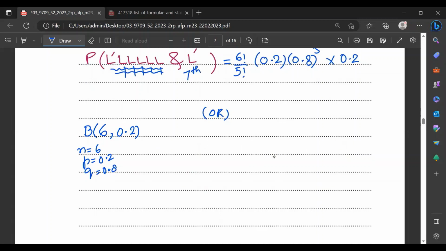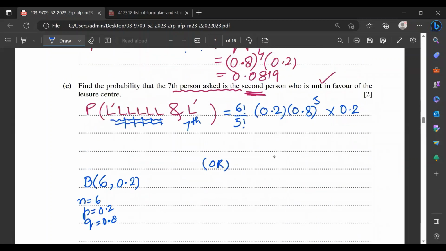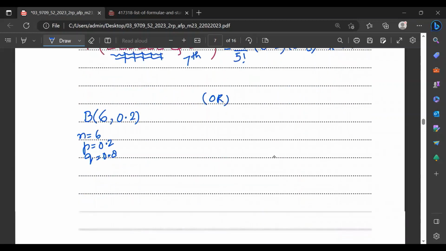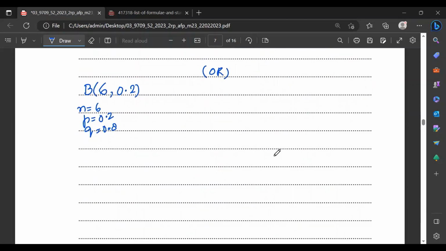There is one person before and the seventh is the second. So first, out of 6, this is the required probability I'm obtaining for this part.